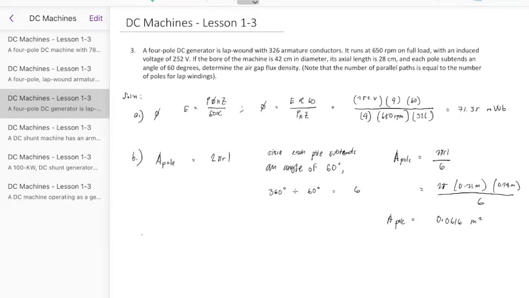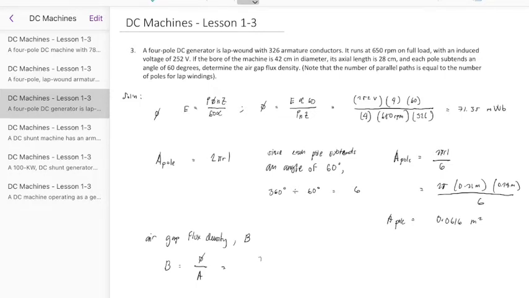Then finally, maabot na ta sa air gap flux density. Or letter B na to. So ang formula ani, B is equal to flux divided by area kay density man.